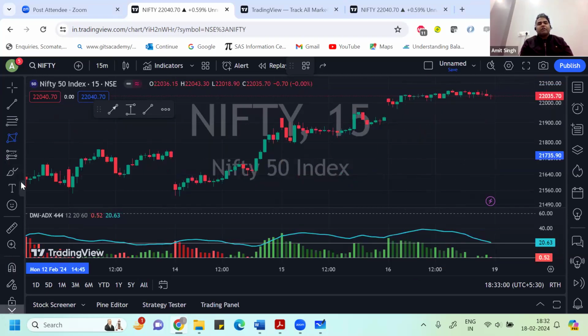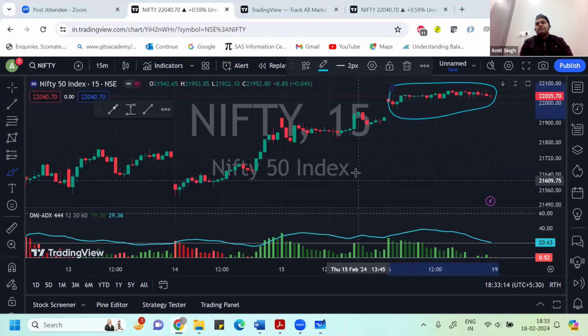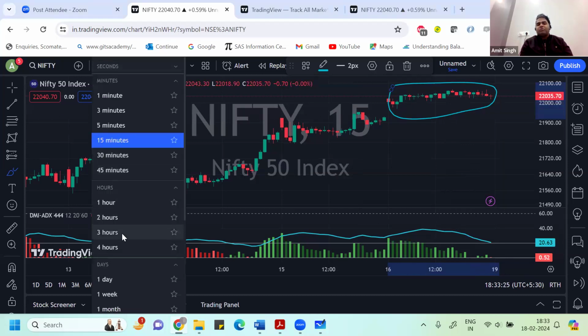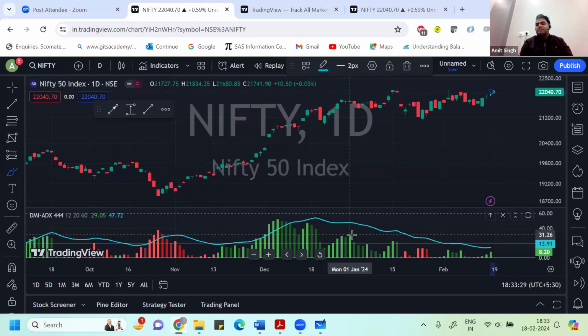The sideways movement you're seeing here will not last much, because although you are seeing a downward value of ADX in the 15-minute chart, maybe not tomorrow, but from tomorrow end of day to Tuesday, Wednesday, Thursday, the Nifty will definitely go up. That I can definitely say by looking at this chart.